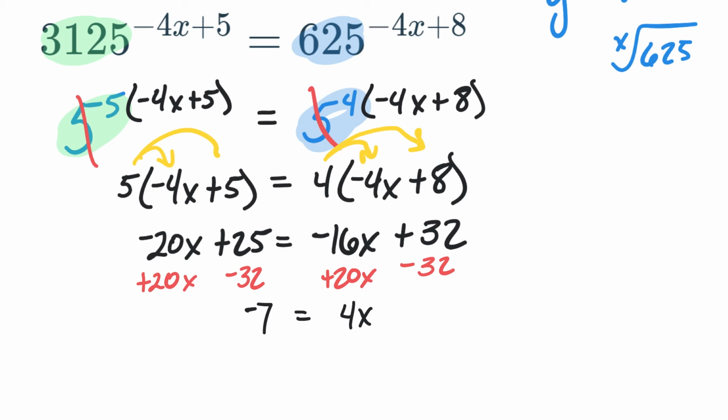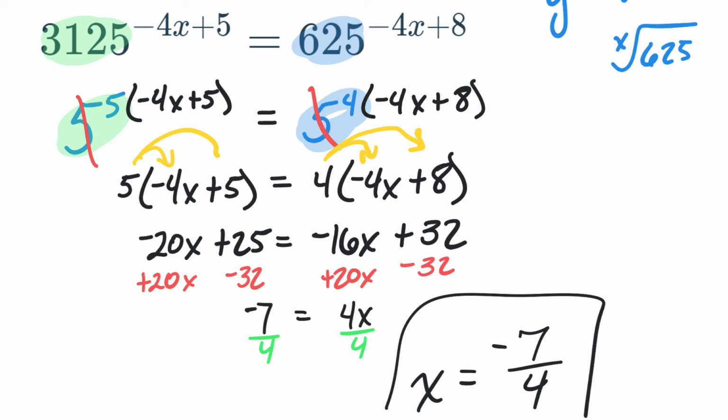So 4x equals negative 7, so I divide by 4, and I learned that x is equal to negative 7/4. So if we can find those bases, these exponential functions are really linear equations for the most part. We can get into some more difficult ones, obviously, but once we get past that common base, we're ready to move.